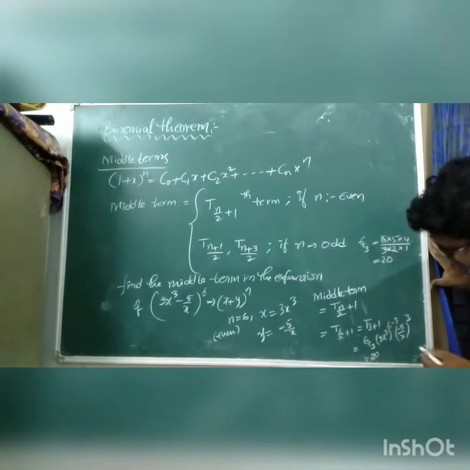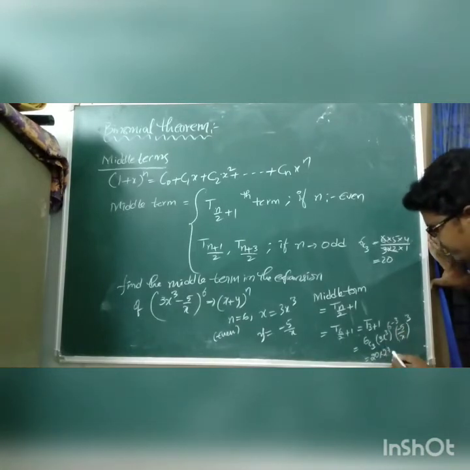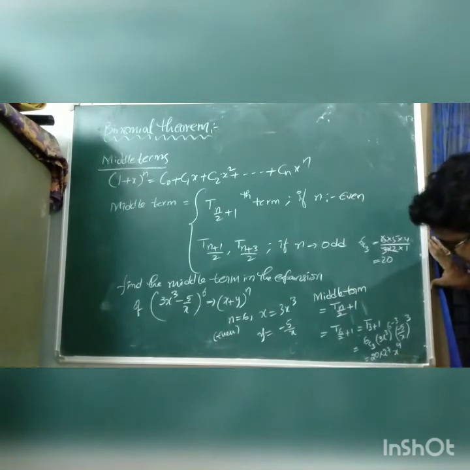20 into 3^3, since 6 minus 3 is equal to 3, and 3^3 equal to 27. Then x^3 into x^3, how much? x^9, into -125 by x^3. One x^3 will cancel.